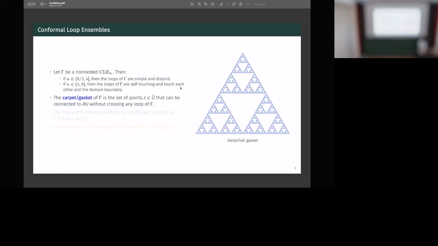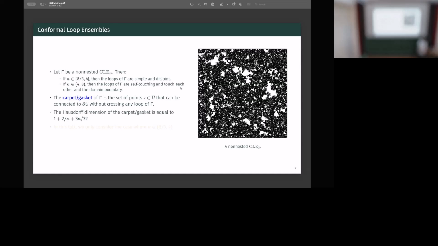And the Sierpinski gasket is obtained by removing more triangles from a triangle, and you can see the boundaries of these triangles do touch each other and do touch the domain boundary, just like the case when kappa is bigger than 4. So this is why for the CLE carpet or gasket we call it a carpet when kappa is at most 4 and a gasket when kappa is bigger than 4. But in any case, for all possible kappa, the Hausdorff dimension is given by this formula. And in this talk, we will focus on the case when kappa is strictly between 8/3 and 4.